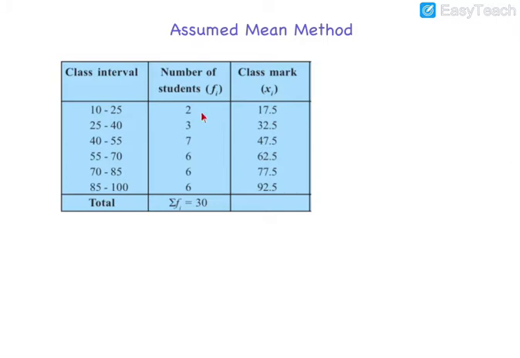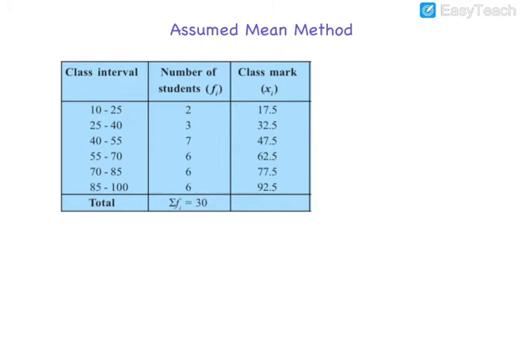Now frequencies cannot be changed or reduced. So what we can do is change the class marks into smaller numbers so that the calculations become easy. So the first step is to choose a number among the xi values as the assumed mean.